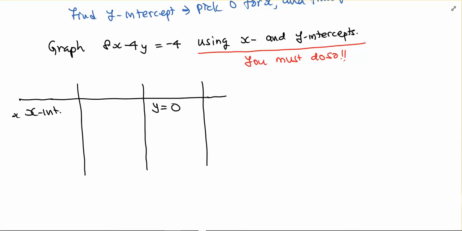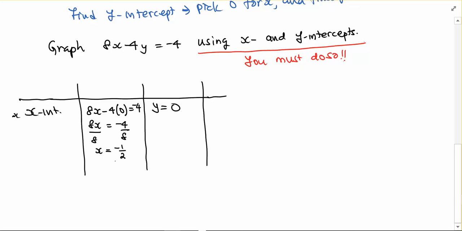So I can use that fact to find x. I go to my equation and use the fact that y is 0 and solve this. 4 times 0 is 0, so that's a minus 4. Divide both sides by 8 and I get x equals negative 1/2.